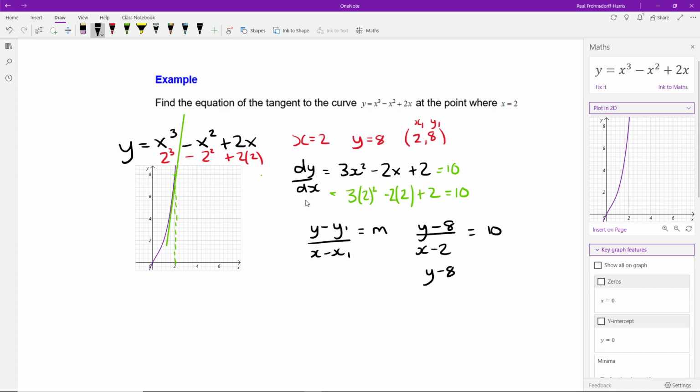Again, multiply things out, is 10 times (x minus 2). y minus 8 equals 10x minus 20. So y equals 10x. Don't forget that when you add 8 to minus 20, you get minus 12. And we've got an equation, and again, it depends on the formula. This would be the equation to the tangent.